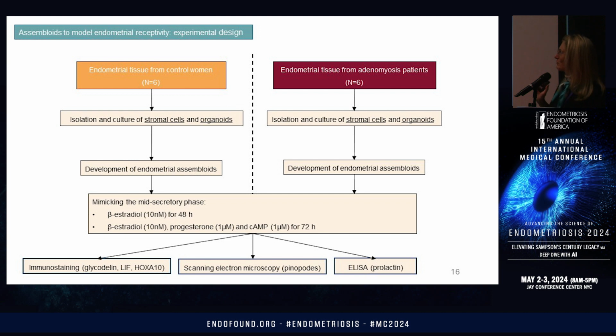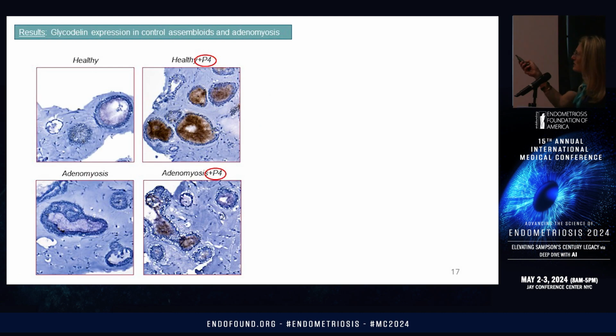Next slide. I will wait for the picture on the left side, but you will see pictures of assembloids. At the left, you see assembloids from healthy controls, and below from adenomyosis patients. In both we add progesterone, and you will see the secretion and the decidualization of these assembloids.